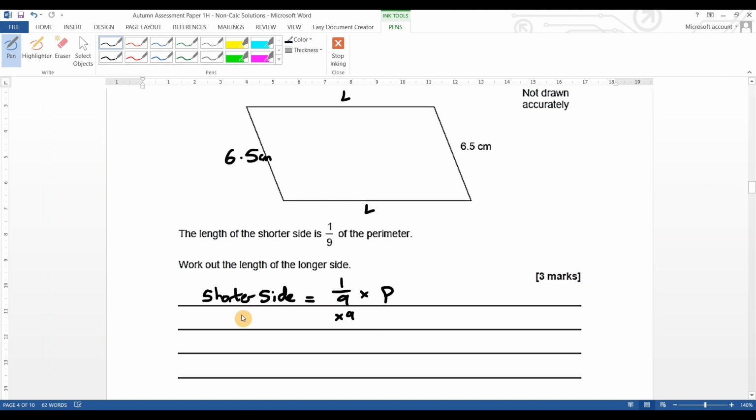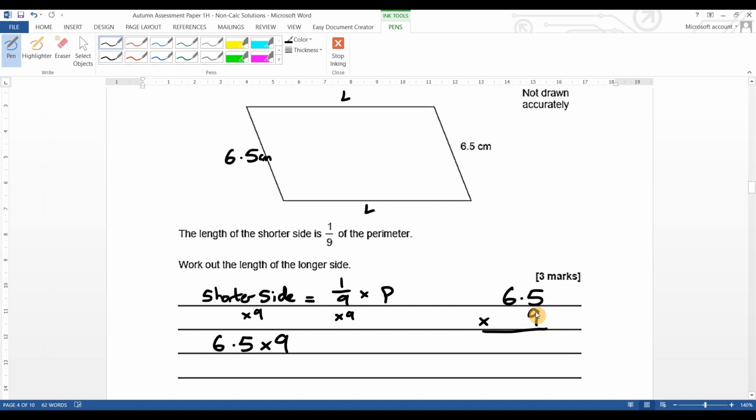And you're going to have to times this by 9 as well. So that'll be P equals whatever the shorter side times by 9 is. So that's 6.5 times by 9. So this is without the calculator, so you're going to have to work out on the side.